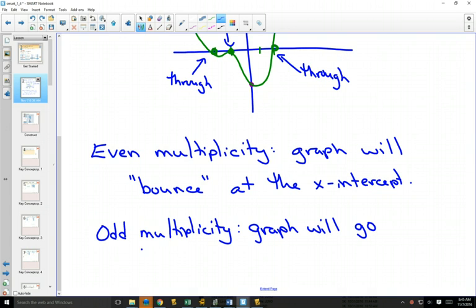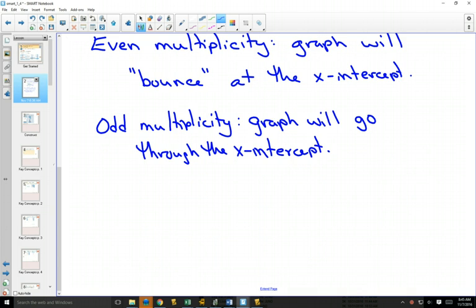the graph will go through the x-intercept. But something interesting happens. If the multiplicity is 1, it just goes straight through.